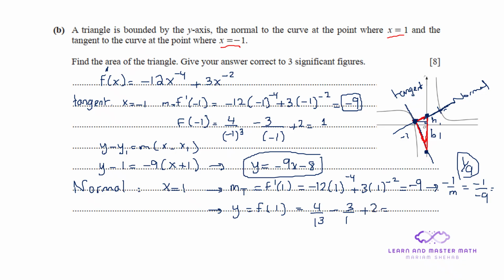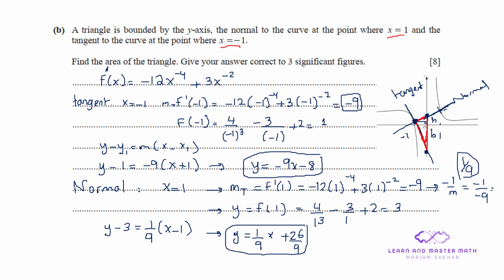And this will be 4 minus 3 plus 2, which is equal to 3. And for your equation, this will be y minus 3 is equal to 1 over 9 into x minus 1. Arrange your equation and you will get y equal 1 over 9x plus 26 over 9.